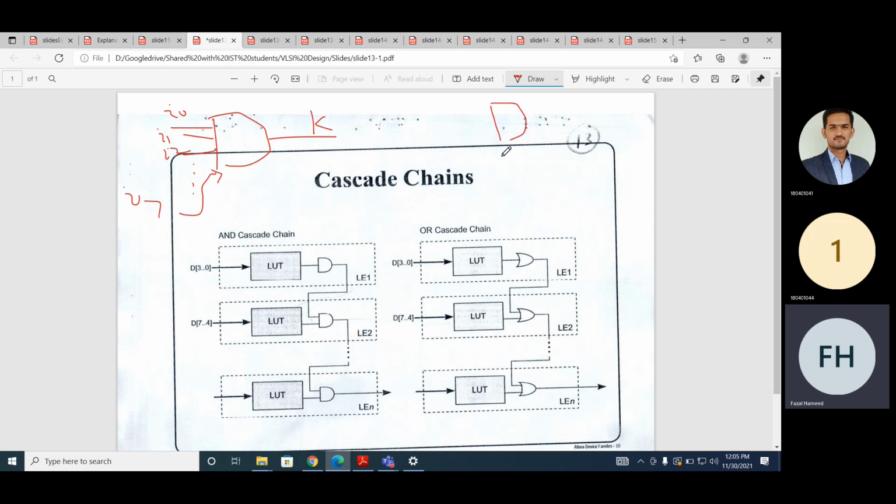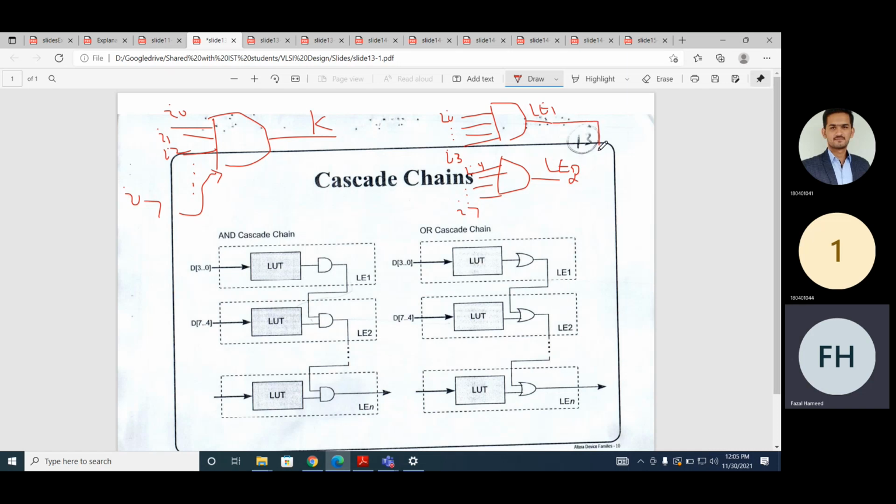So we can partition this into two AND gates, each with 4 inputs: I0 to I3 and I4 to I7. The first can be implemented with logic element 1, and the second can be implemented using logic element 2.